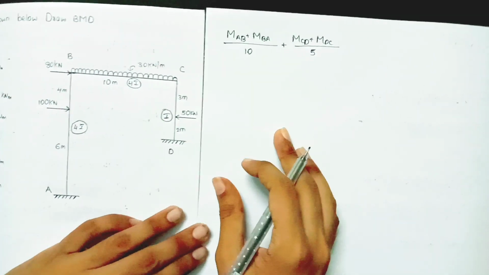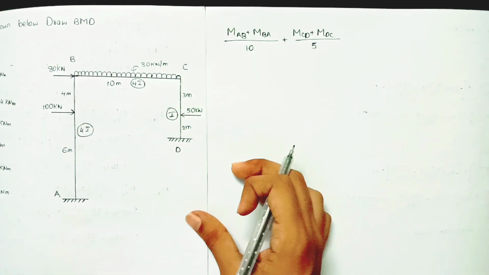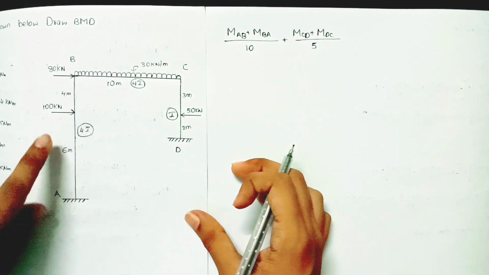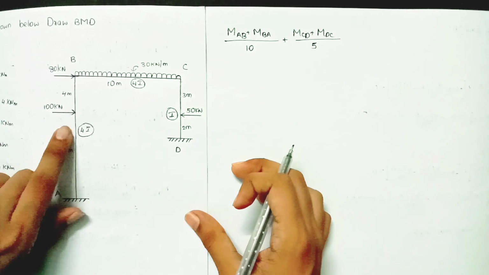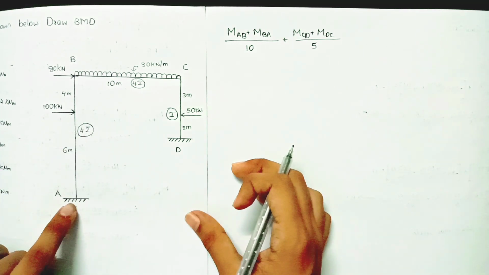Now we have written the moments. Coming to the loads, there are a total of 3 horizontal loads. First I will consider this 100 kilonewton load. The format of writing the equation is 100 into perpendicular distance whole divided by total length.